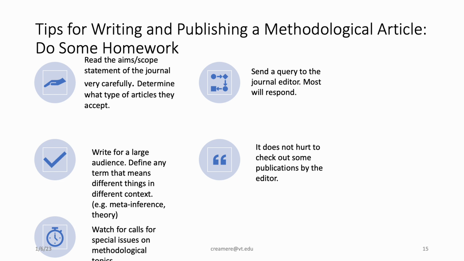The second, which I just referred to, is to try to write with a large audience in mind, a generic audience. That means, among other things, that you're very deliberate about defining your terms. Another recommendation is to watch for calls for special issues with methodological focus. It seems like there's more and more of these every day.